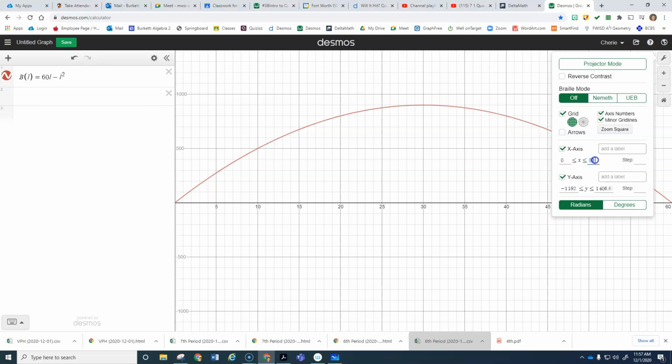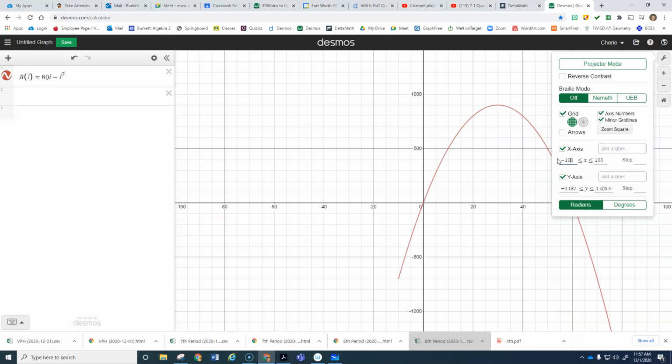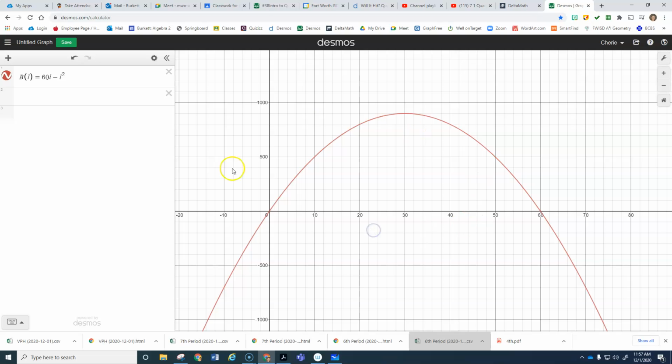Let's just go ahead and say 0 to 100, or maybe say negative 10 to 100, just so that we can still see the x-axis. But isn't that so much prettier right there? That's what we're talking about. That is a much more appropriate graphing viewing window than the one that they gave us.